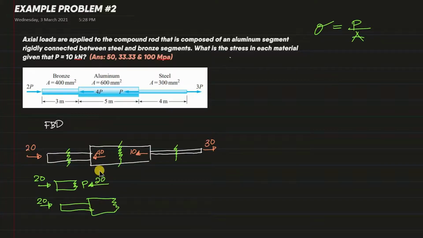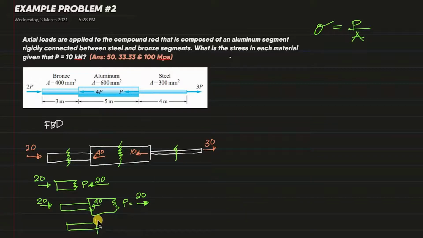Tapos dito meron tayong 40. So, 40, magkasalungat sila. 40 minus 20, ibig sabihin, yung P natin dito is going to the right, which is also 20, para 20 plus 20 is equal to 40, equilibrium conditions. Kung gusto nyo ng mas detailed solution, ilagay nyo yung summation of x is equal to 0, yung mga ganun guys. Okay? So, similar lang naman.